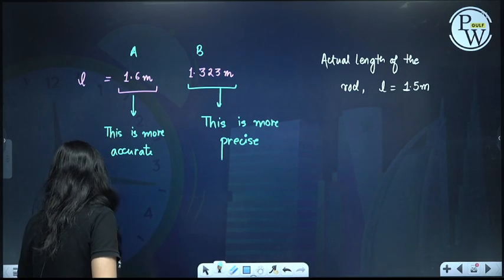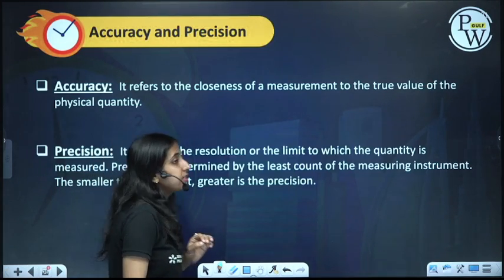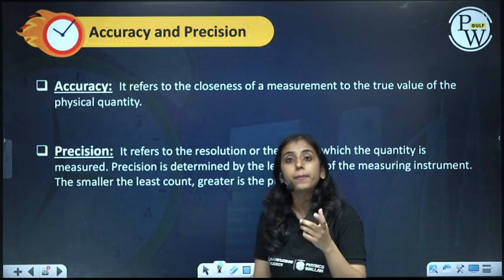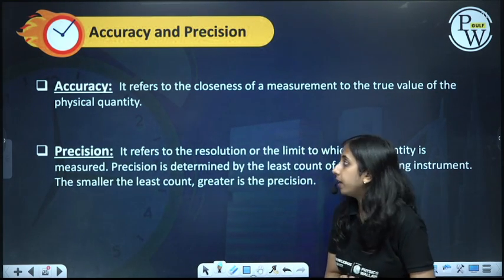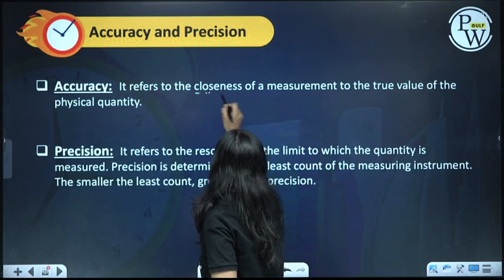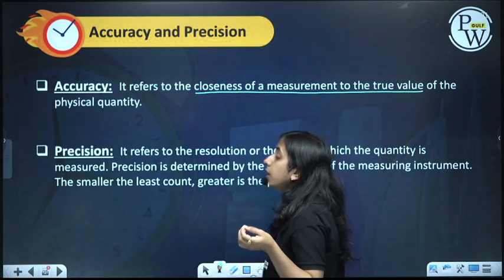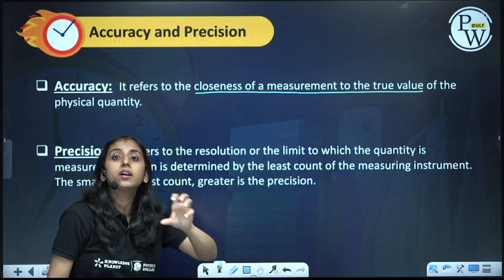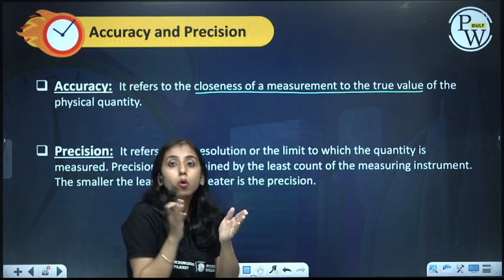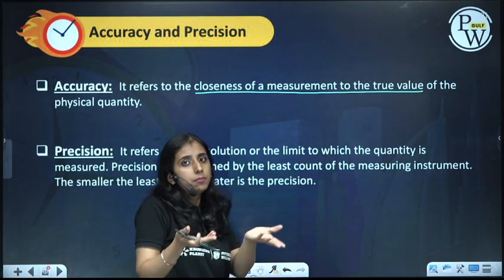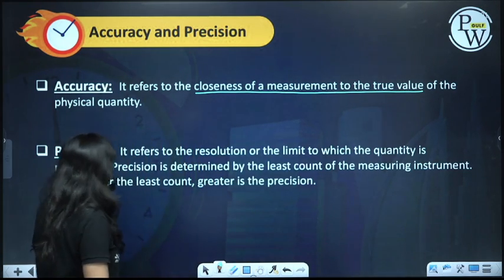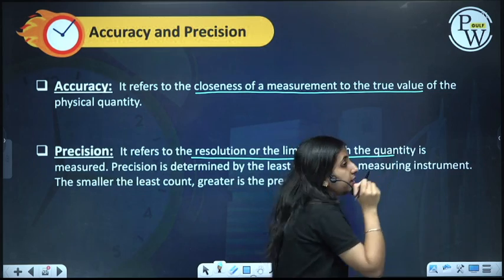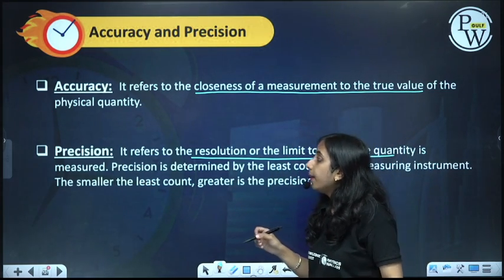So what is accuracy and what is precision? Accuracy tells us the closeness of the measured value to the actual value. It refers to the closeness of a measurement to the true value. Any value which is closer to the correct value will be more accurate. And precision refers to the resolution limit of the quantity being measured.